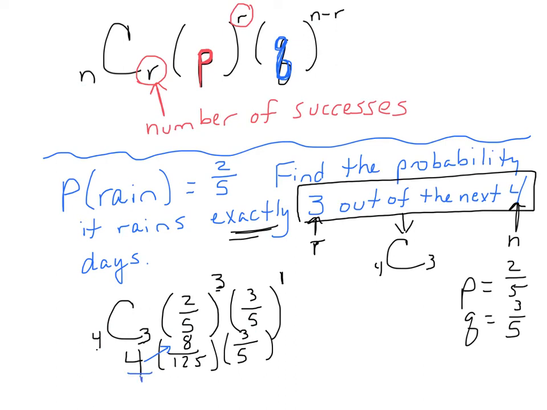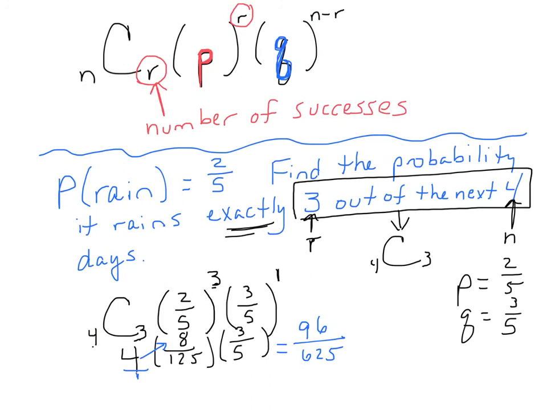So please don't multiply it by both, or just let your calculator do it. But what you're going to end up with here is a 4 times an 8 times a 3, which ends up giving me 96 over 625. And that's the probability that it will rain exactly 3 out of the next 4 days.